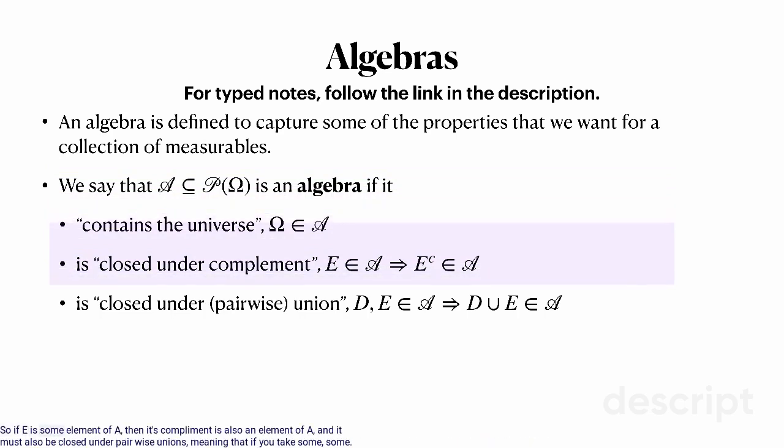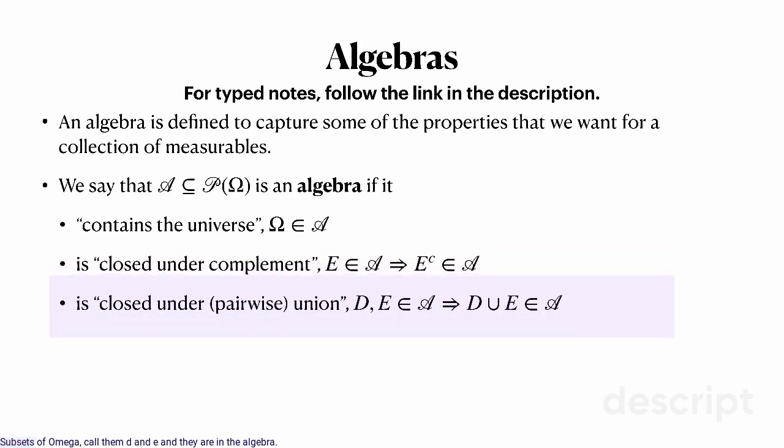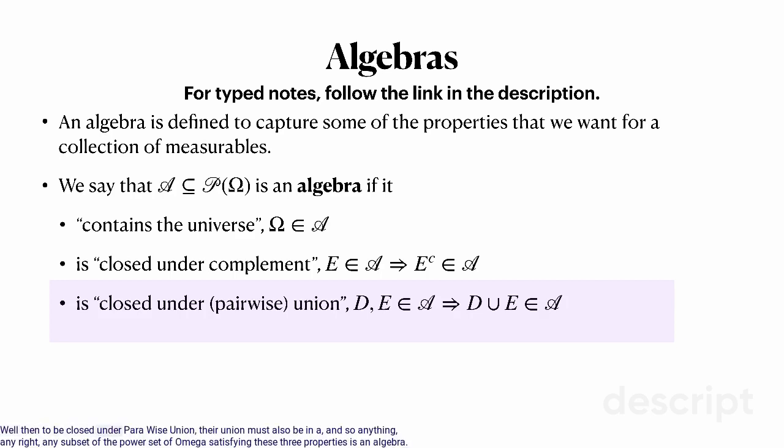So if E is some element of A, then its complement is also an element of A. And it must also be closed under pairwise unions, meaning that if you take some two subsets of omega, call them D and E, and they are in the algebra, well then, to be closed under pairwise union, their union must also be in A. And so any subset of the power set of omega satisfying these three properties is an algebra.